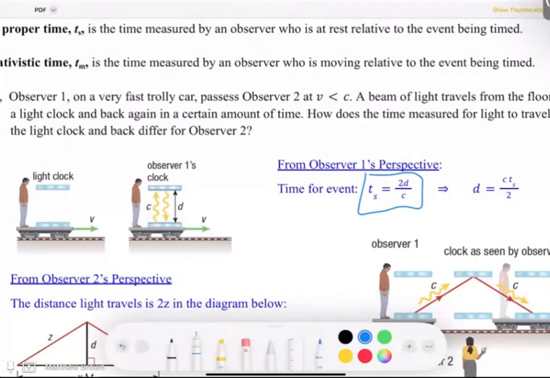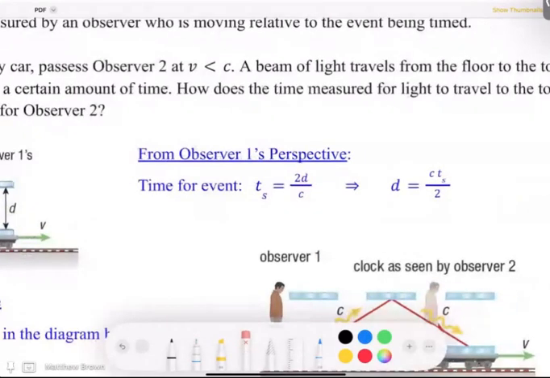The distance that this light travels is 2d. We're calling this distance d, so it goes up and then back down again, and it does it at the speed of light, c. Then all I did over here was rearrange this for d: multiply both sides by c and divide by 2, and you get that. We can just tuck that in our back pocket.